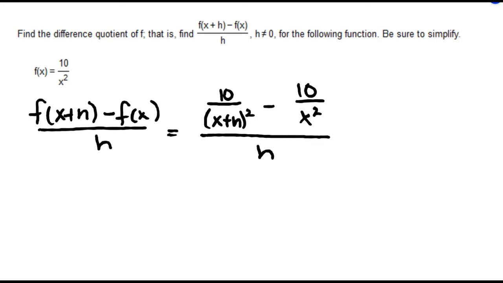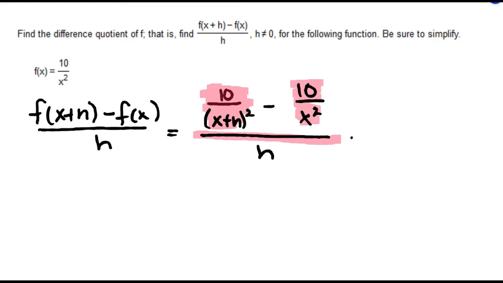We're going to simplify this using a clearing fractions method. So what I want to do is simplify the complex fractions that I have. A complex fraction is when you have a smaller fraction inside this bigger fraction. So I want to eliminate those smaller fractions to simplify this expression.